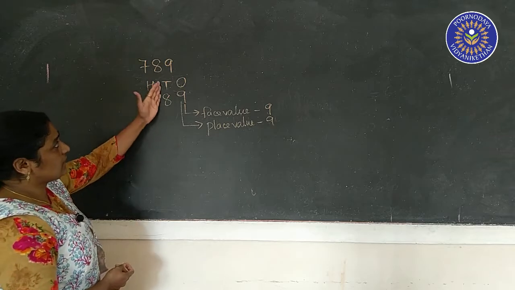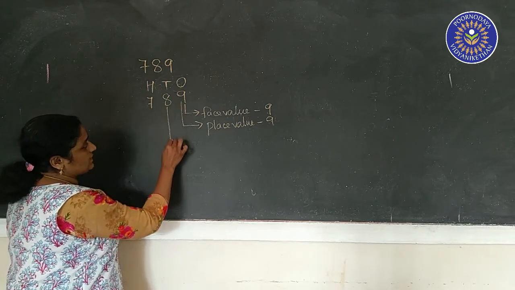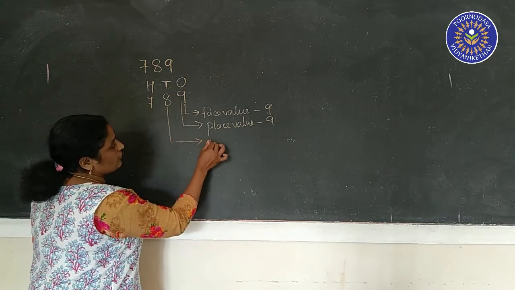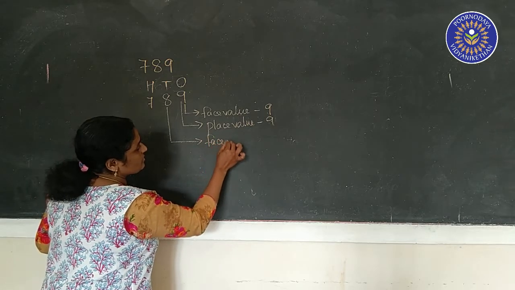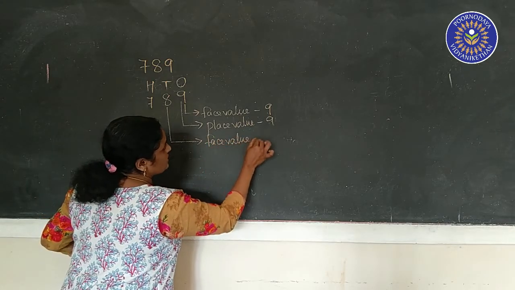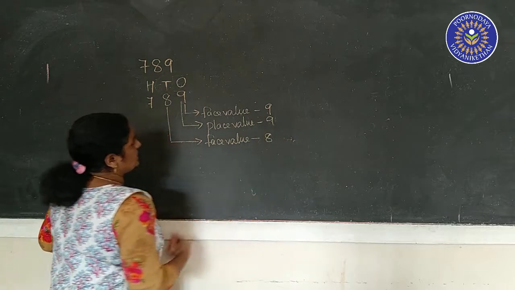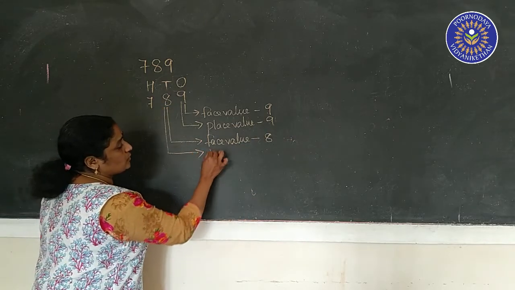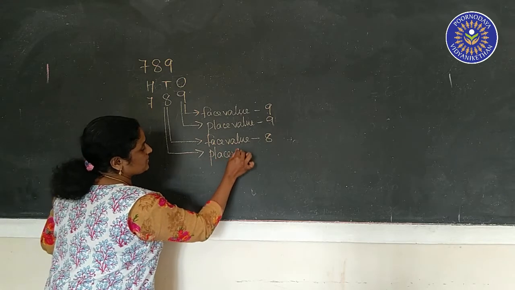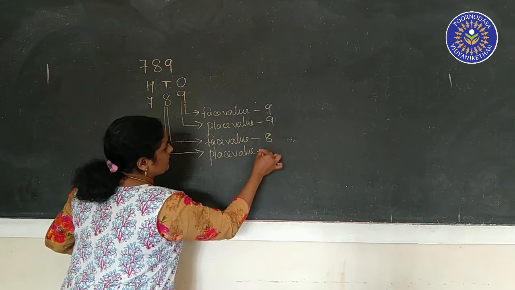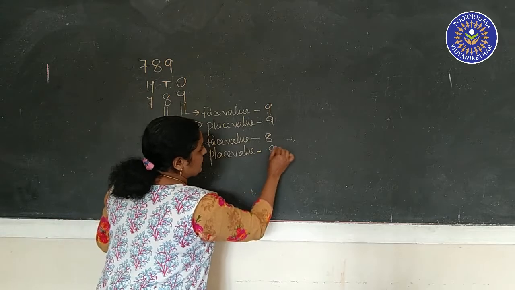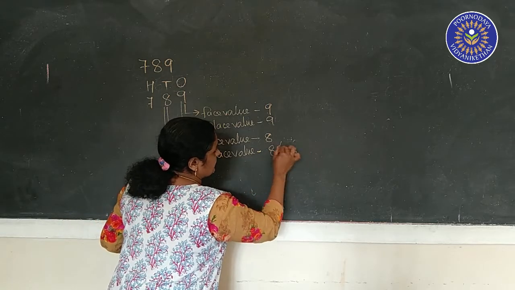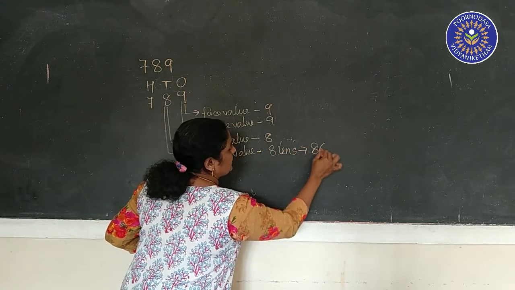Then next, tens place. In tens place, what's the face value of 8? Face value of 8 is 8 itself. Then what is the place value? Place value is 8 tens. 8 tens means 80.